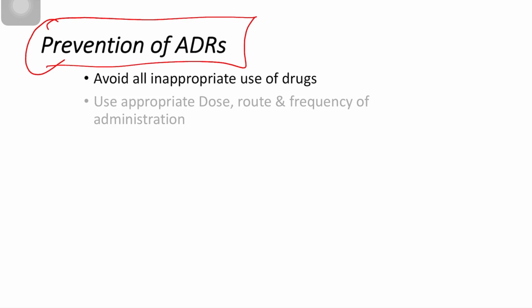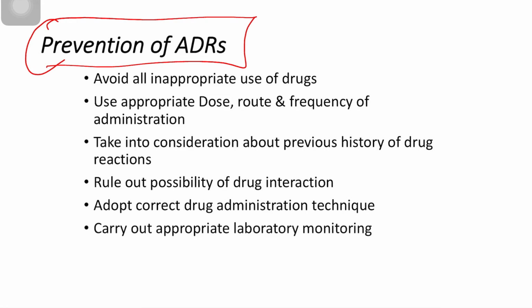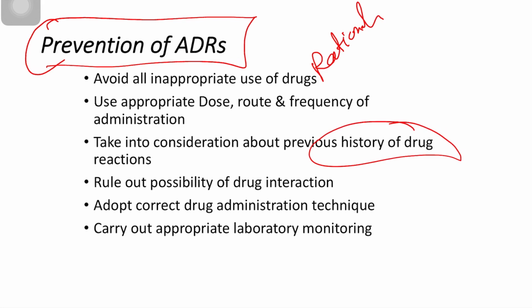Let's talk about the last part, prevention of adverse drug reactions. How can we prevent those adverse drug reactions? First of all, avoid inappropriate use of the drug. Rational use of a drug is important, as we already discussed. Use an appropriate dose, route, and frequency. Take into consideration the previous history of medication. Asking about previous history of drug reactions is very important.